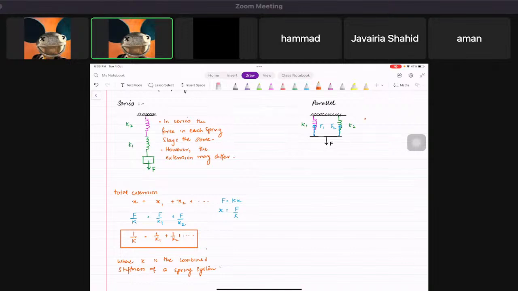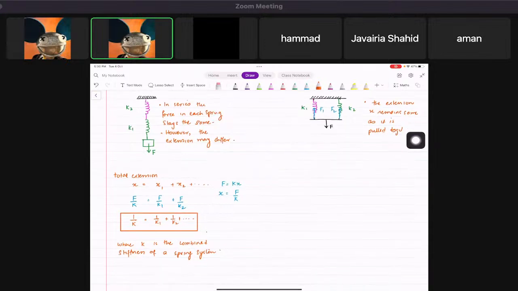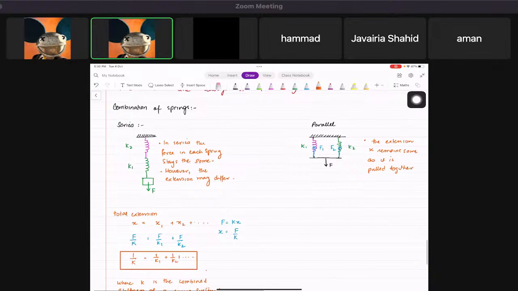So we can write that the extension X remains same as it is pulled together with a force F. Now we can also remember that the force in each spring will be different.